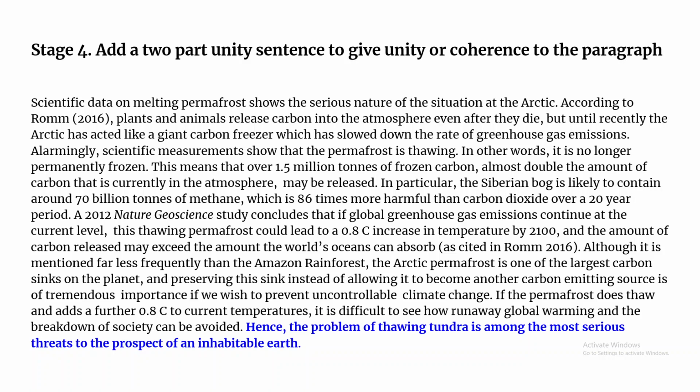So we will look at this in a little bit more detail later on, but just notice that the main topic is melting permafrost, and the main topic is paraphrased in the final sentence as thawing tundra. In the first sentence we have the phrase, the serious nature of the situation at the Arctic, and in the concluding sentence we have the most serious threats. So you can see that the serious situation and the serious threat has a similar meaning.